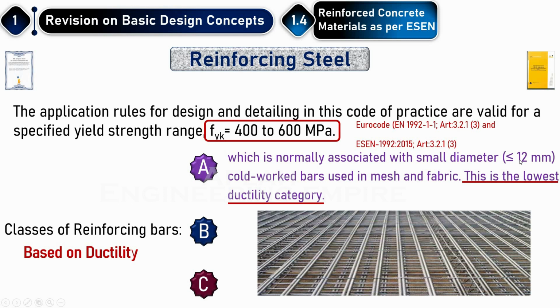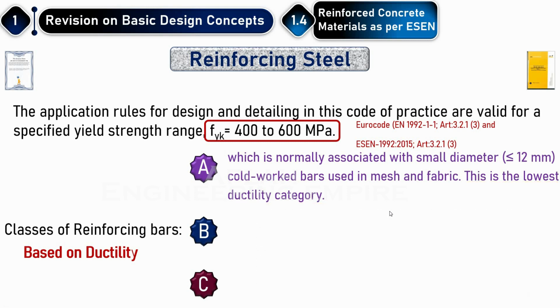Such rebars are used where the ductility requirement is very low or not significant, for example, ground floor slabs that lie on the ground where there is no bending, so you may provide reinforcements with very low ductility.